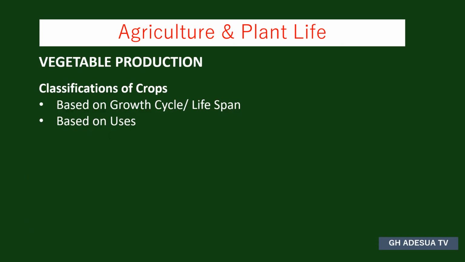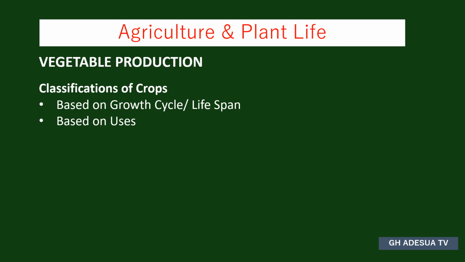Great. Now we come to vegetable production, but I first want to look at crops in general. So, classification of crops. Now crops can be classified based on the growth cycle or the lifespan. How long the plant stays can be used to classify it. Crops can also be classified based on their uses.